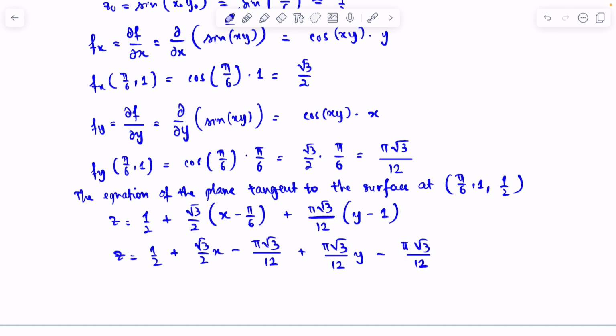Or you get root 3 over 2 x plus pi times root 3 over 12 times y minus z equal to negative 1/2 plus pi times root 3 over 6. Because you have two of this term added together, that's why you get pi times root 3 over 6.